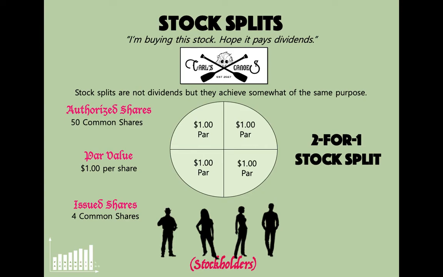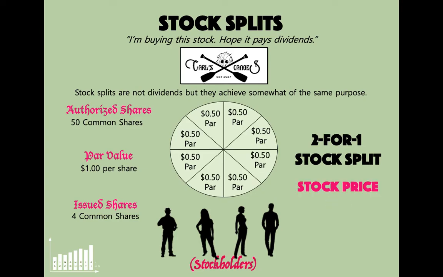If it was 4 for 1, then the 1 share you had gets replaced by 4. Okay? And so we'll do this stock split example here when the stock price is at 200. So we do a 2 for 1 stock split. That means that the 50 common shares we were authorized to issue before has to be changed to 100. It's going to double.